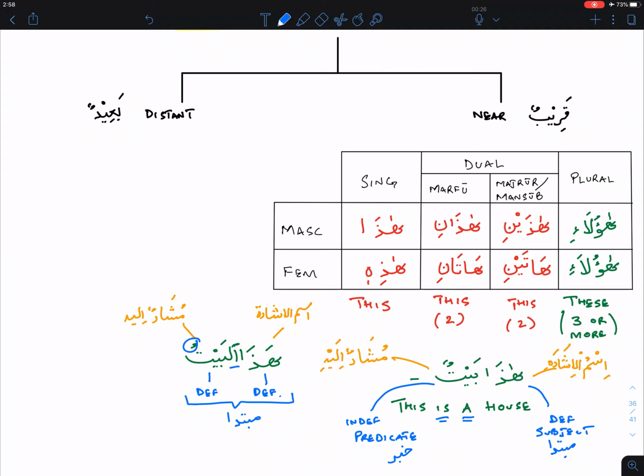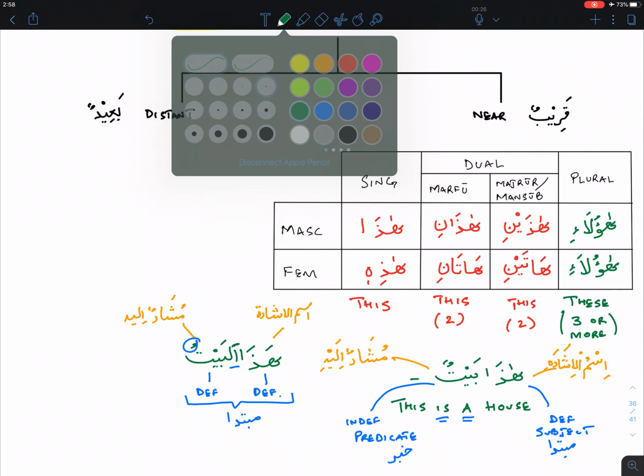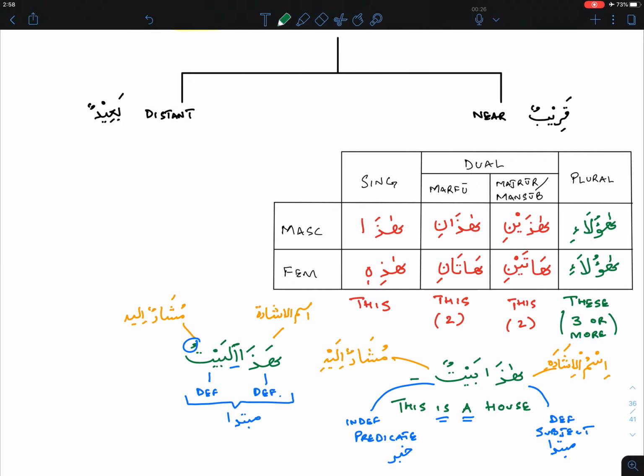And the translation is now different: you're going to say this house. Okay, so you see how Arabic demands focus, and there are subtle changes in the construction that lead to this difference in translation.